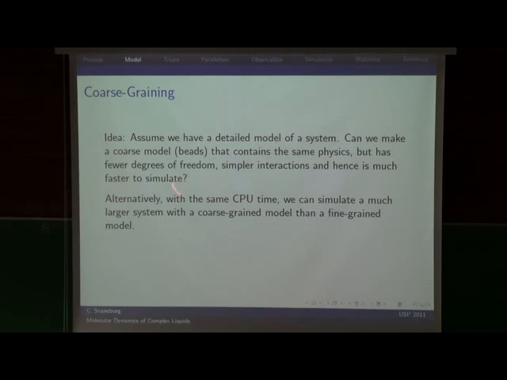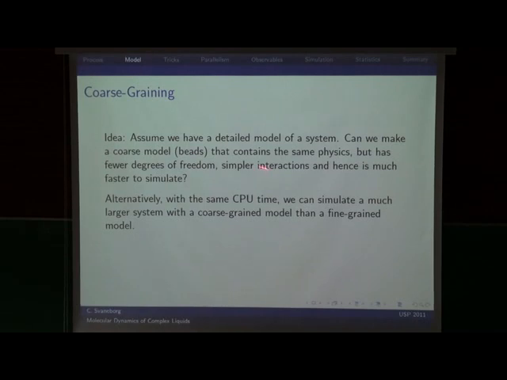Alternatively, given the same CPU time, we can simulate much larger systems with coarse-grained models than with fine-grained models. But of course, being coarse-grained means that we are not going to learn atomistic details anymore. We throw away the possibility of learning something atomistically, or at the level of learning something about the electronic transitions. This we throw away.